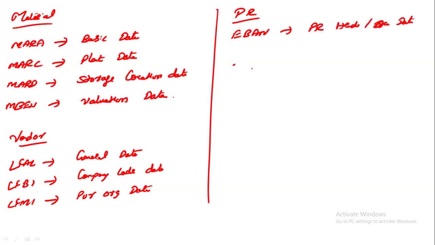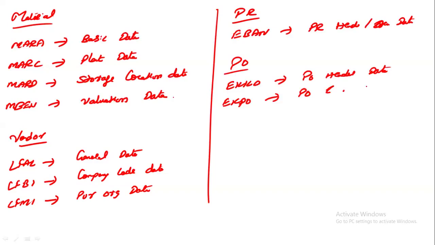And for PO, you will be using EKKO. This is PO header data. EKPO, this is PO item data. This is the same for contract. Same for scheduled agreement.